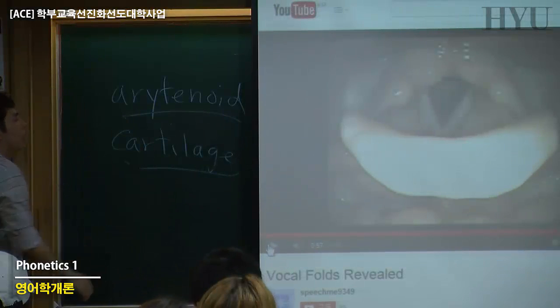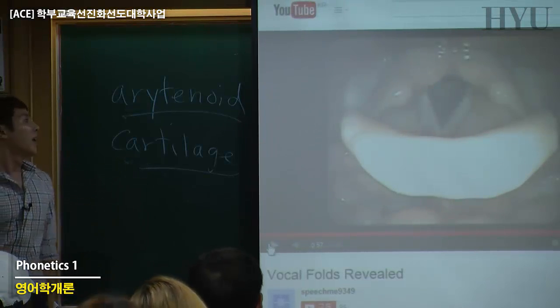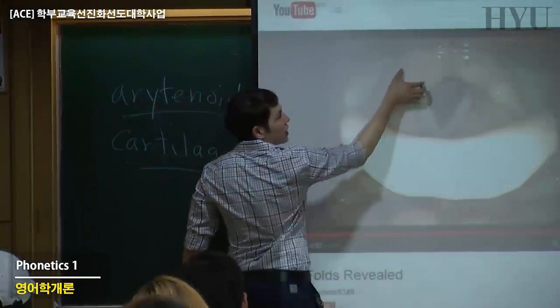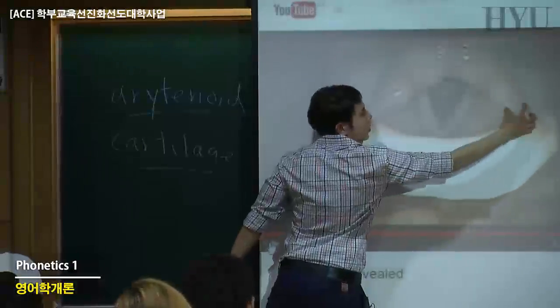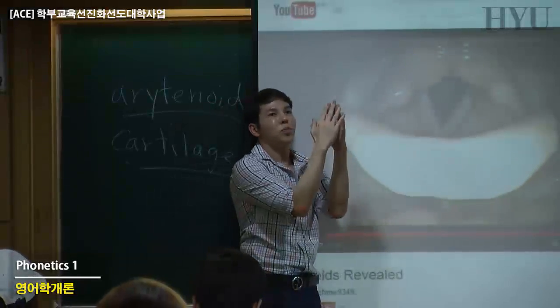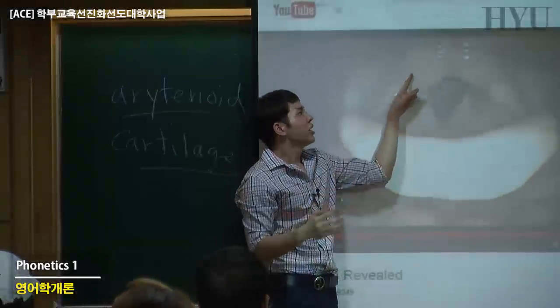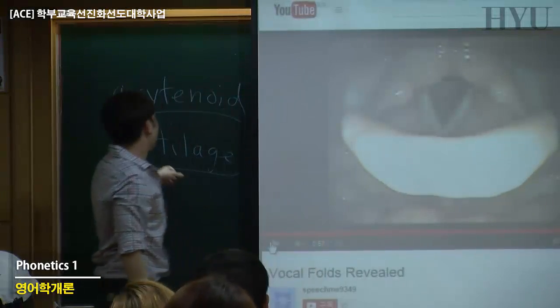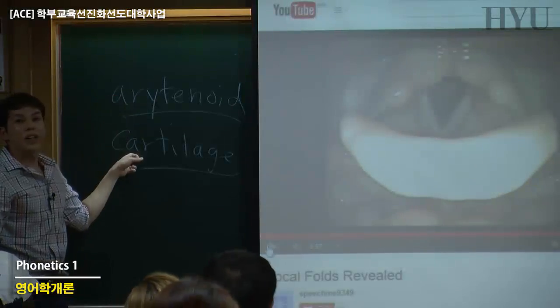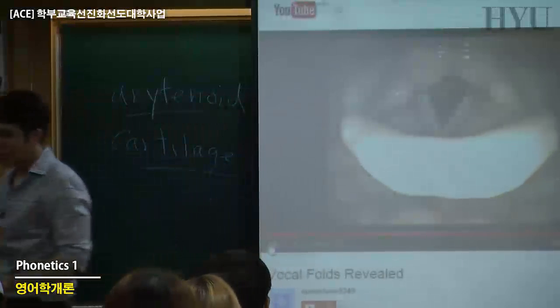Cartilage meaning soft bones, okay? So these two things, one and two, can manipulate the vocal folds to pull them apart like this, or close. So they are muscles, or cartilage here, arytenoid cartilage. So you have two, okay?